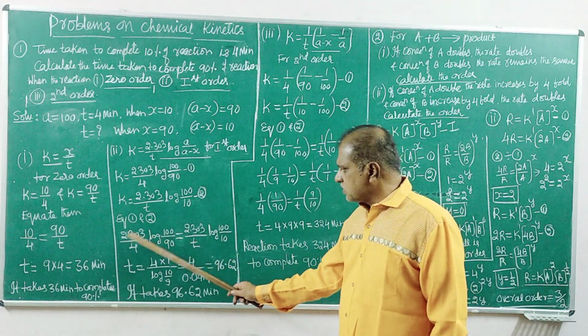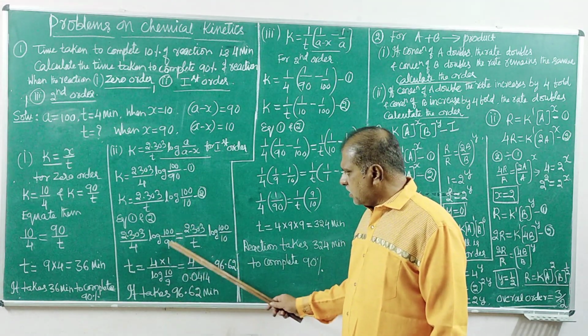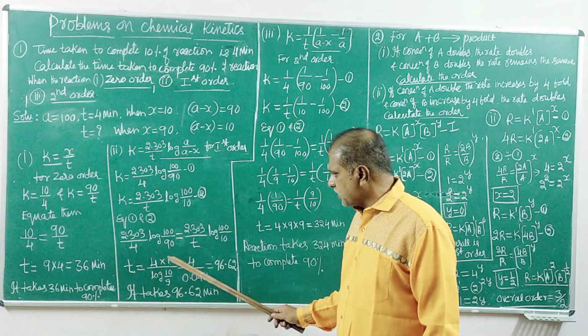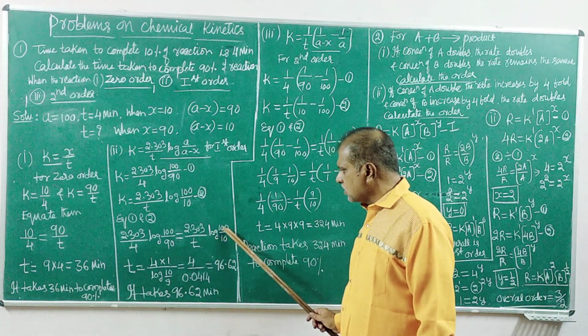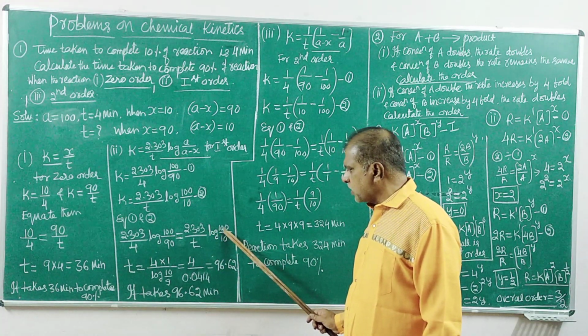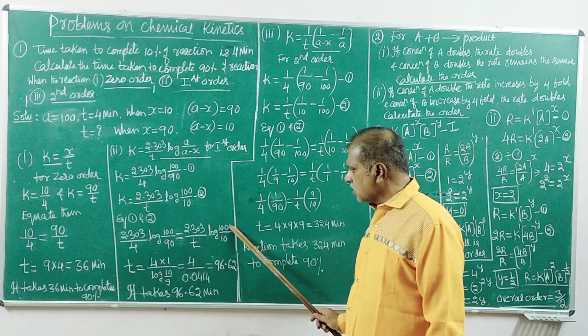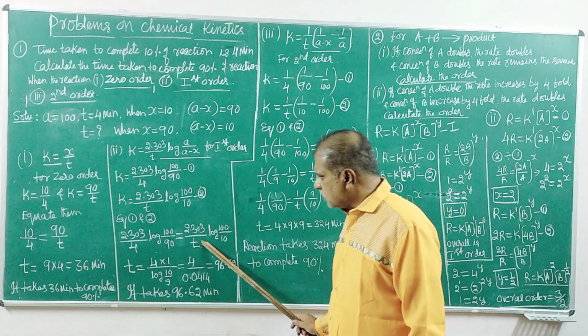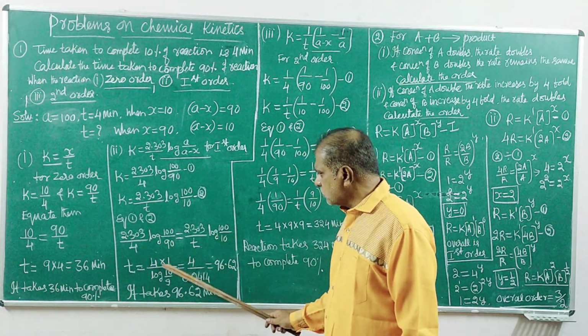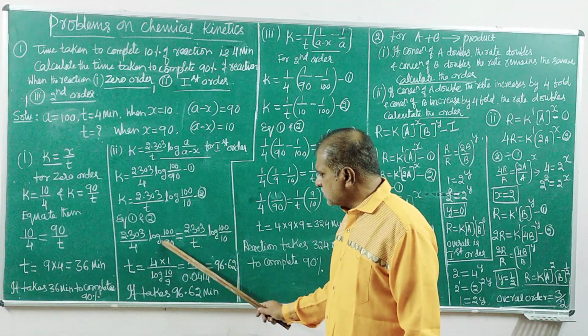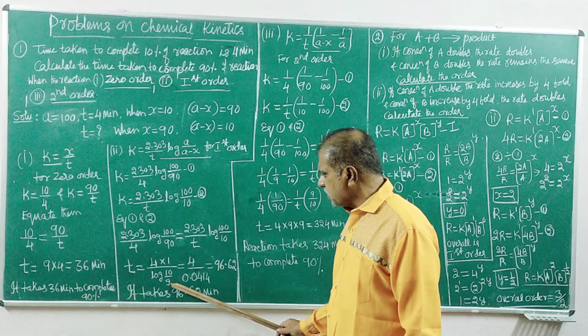So when we simplify, this will cancel, and logarithm of 100 by 10 equals logarithm of 10, and logarithm of 10 is 1. This becomes 1. Take t to the left hand side, it goes to the numerator, and this 4 goes to the numerator of this, with the denominator log of 10 by 9.